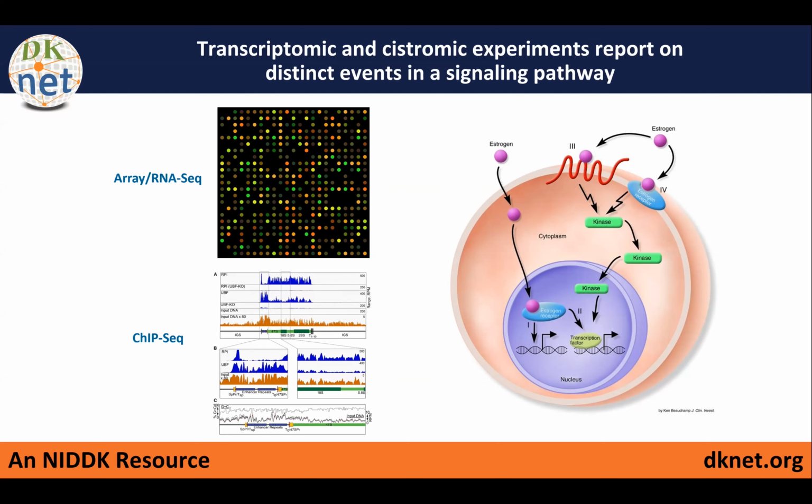your array or RNA-seq experiments will basically survey thousands of mRNAs in a cell, and they will indicate which ones are increasing or decreasing in abundance in response to that signal.